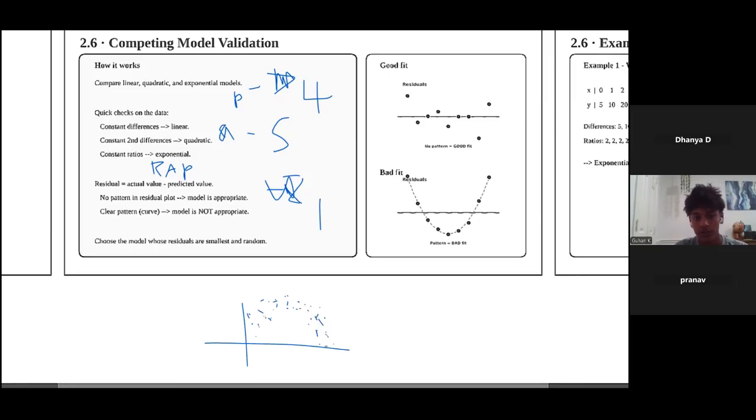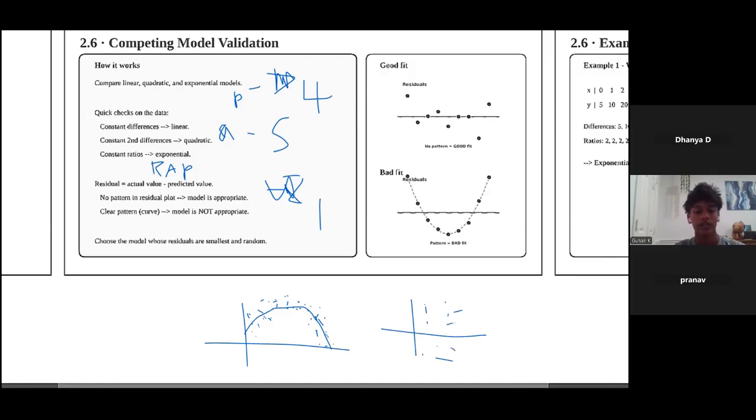A predicted model for this would be a line that goes something like this. Obviously, it's not going to catch all the points exactly. It's going to underestimate and overestimate on some points. And if we plot the residuals for this, it would look kind of random, right? Like some are over, some are under. That would be the plot of the residuals.